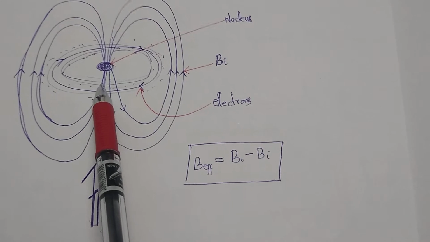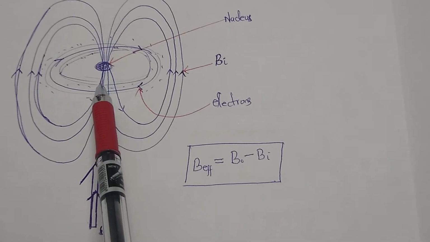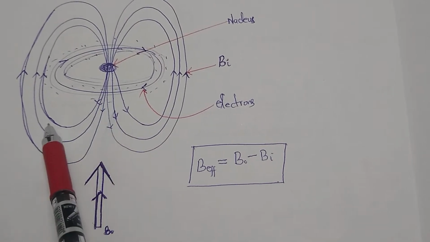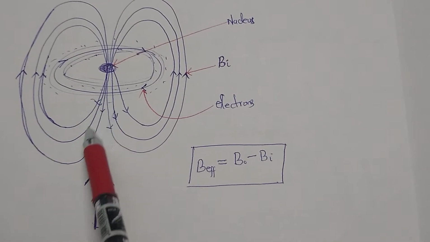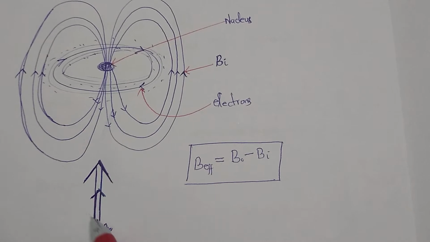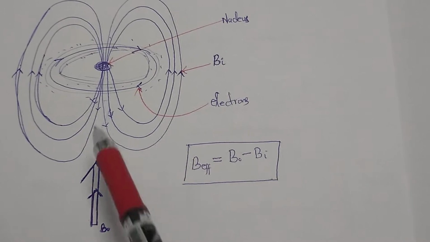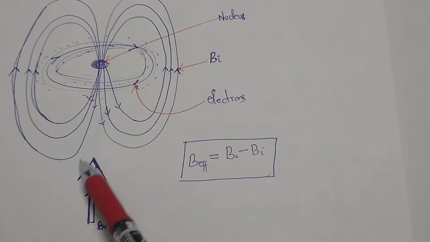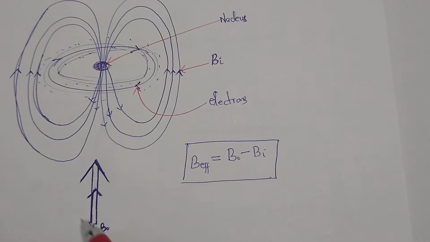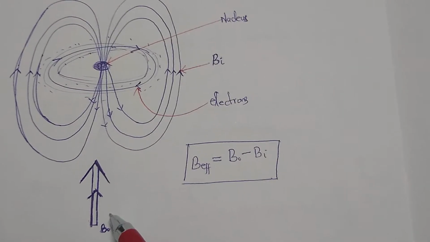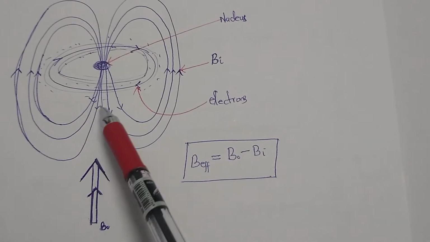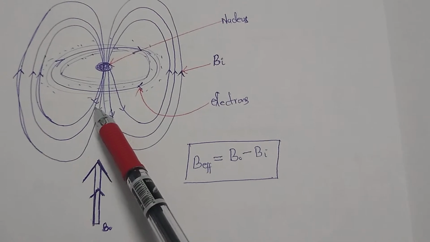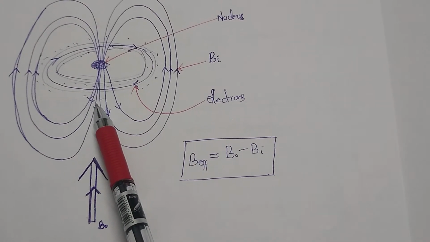That magnetic field generated is called the induced magnetic moment or the induced magnetic field, which will be in the opposite direction to that of the applied magnetic field. So this induced magnetic field will try to cancel the effect of the externally applied magnetic field, and some part of the externally applied magnetic field will be cancelled by the induced magnetic field.